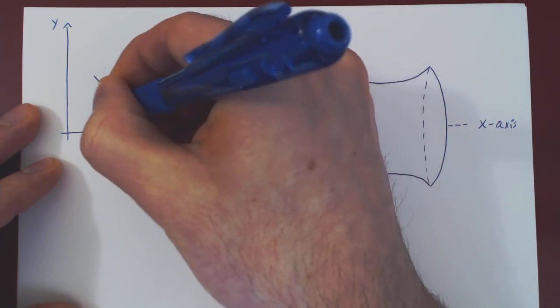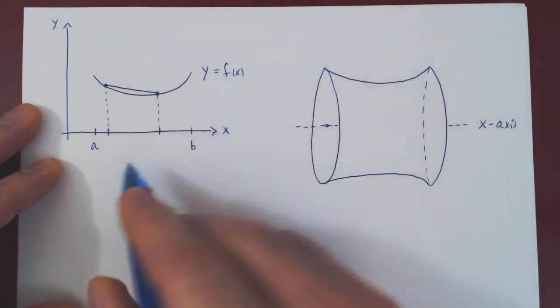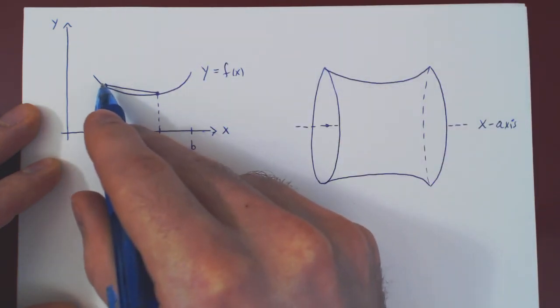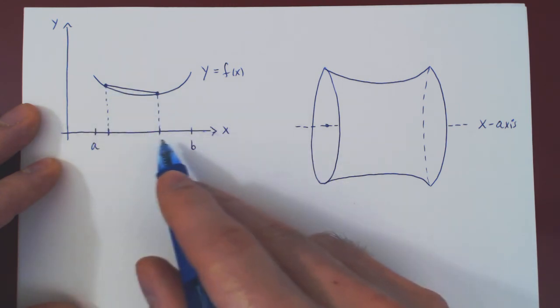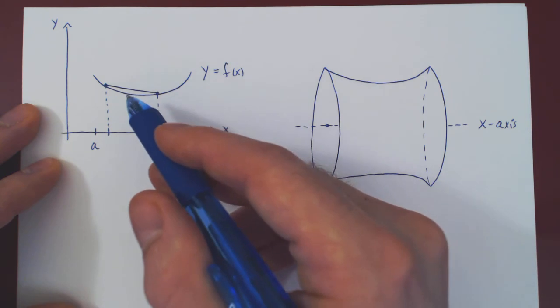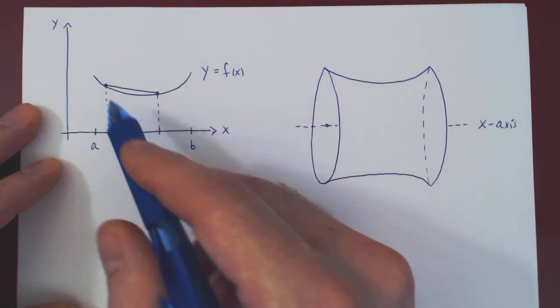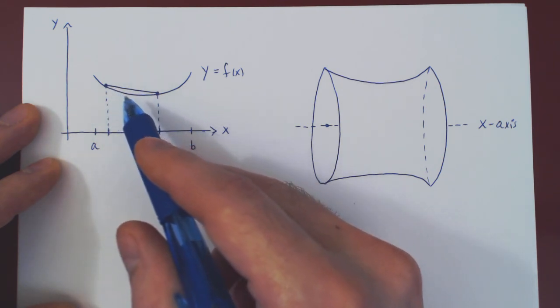If I draw down the perpendiculars, then I can imagine this being a very, very short interval, and this is the line segment connecting both points on the curve at the two endpoints. And now, you can imagine that as we let this interval shrink to 0, the line segment will become closer and closer to the actual curve.